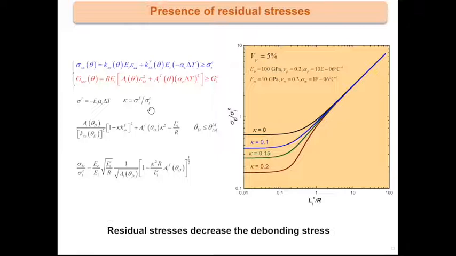Here you have kappa. This term is simply the ratio of the residual stress divided by the interfacial stress, and this is the term which takes into account the presence of residual stress.